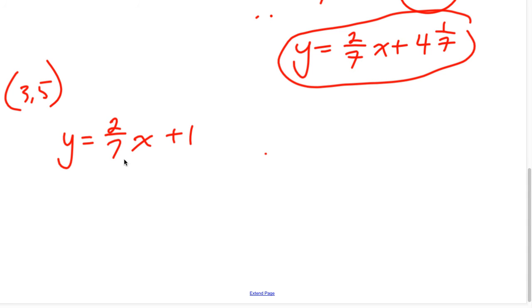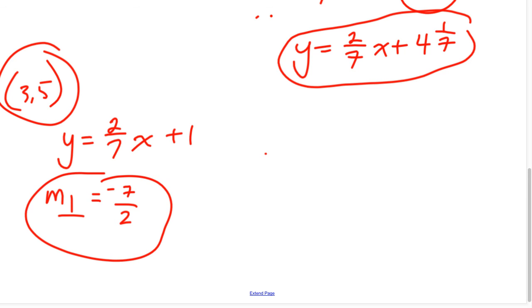So I still have my point. This one, I'm wanting the slope of a perpendicular line to this one. So perpendicular means the slopes are negative reciprocals of each other. So this slope would be, flip it over, so it'd be 7 over 2, and change the sign, so it would be minus. So here's my point, here's my slope.